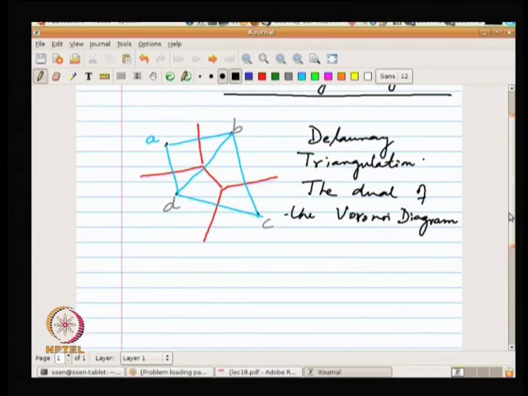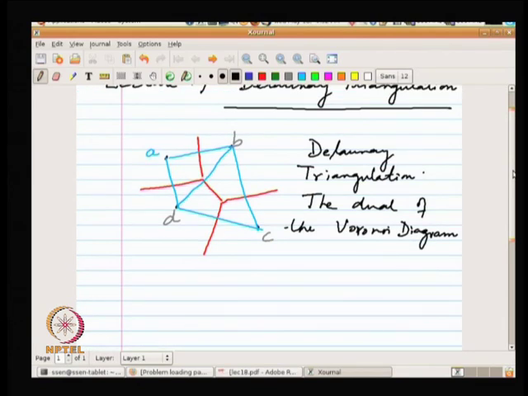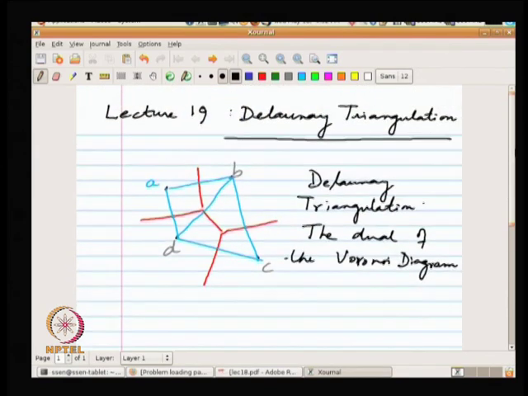So, one very important or key property of Delaunay triangulation is that when you look at, let us say, this triangle constructed by the blue line segments, and you look at the disk or the circumcircle of the triangles of the Delaunay triangulation, namely, okay, this is the circumcircle of the triangle ABD. Okay.